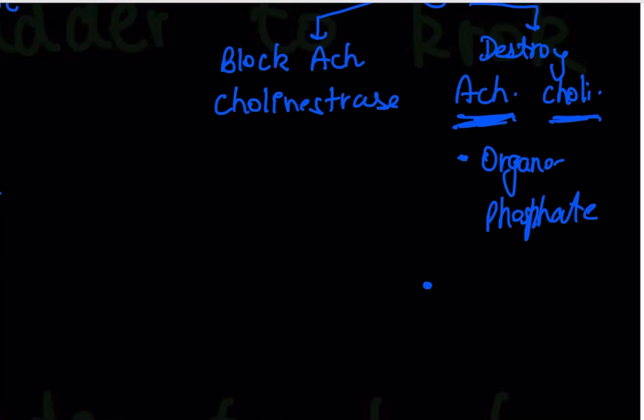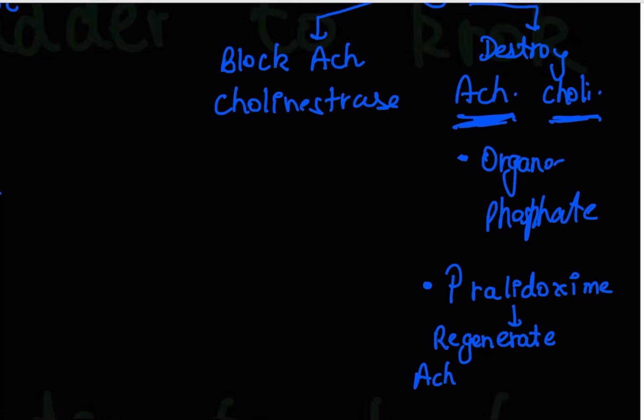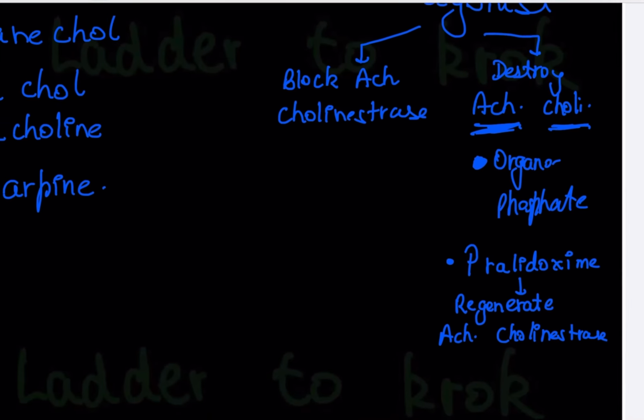Write one point: there is one drug known as pralidoxime, which has the capability to regenerate acetylcholinesterase. When someone eats organophosphates as poison, like pesticides, what happens in the parasympathetic system? The secretions increase. The person is sweating, and he urinates in his own clothes. These are the common symptoms.